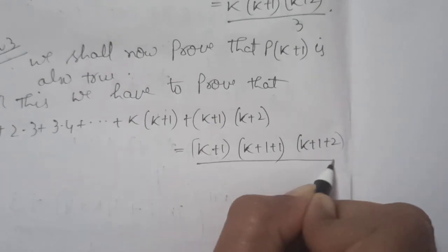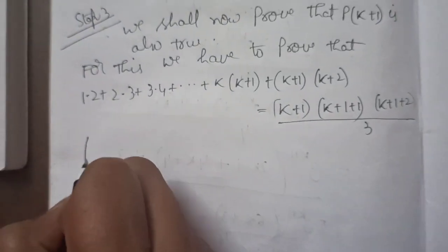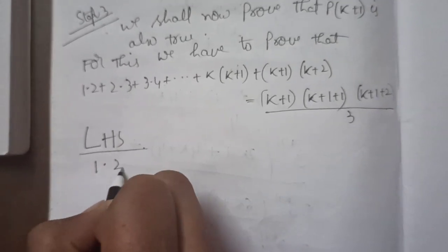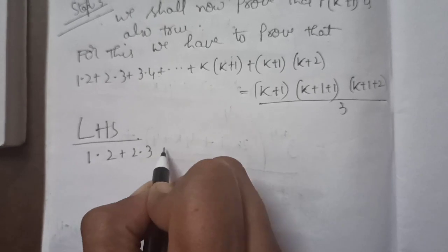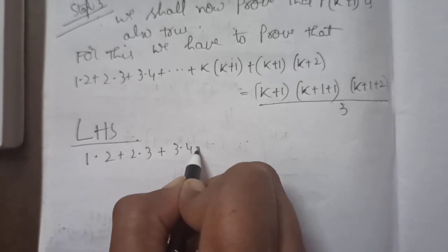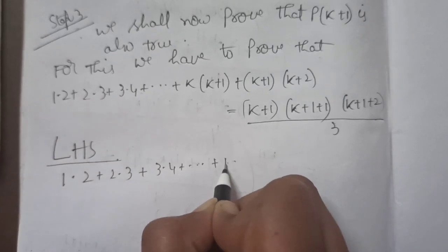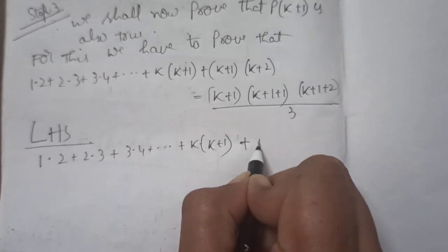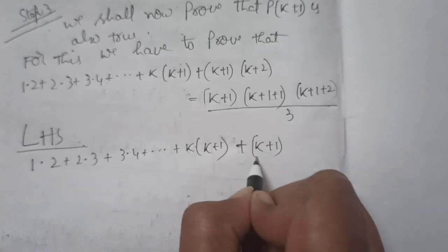This you need to prove. Okay, so I am taking my LHS. What is my LHS? 1 into 2 plus 2 into 3 plus 3 into 4, in this way, k into k plus 1 plus k plus 1 into k plus 2.